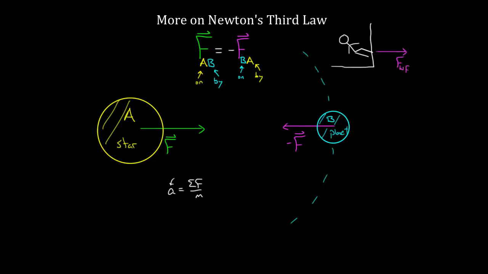There'd have to be an equal and opposite force instantly transmitted backwards on my foot. So this would be the force on my foot by the wall. And this happens instantaneously. There is no delay. You can't kick this wall fast enough for this other force to not be generated instantaneously. As soon as your foot starts to exert any force on the wall whatsoever, the wall is going to start exerting that same force back on your foot.